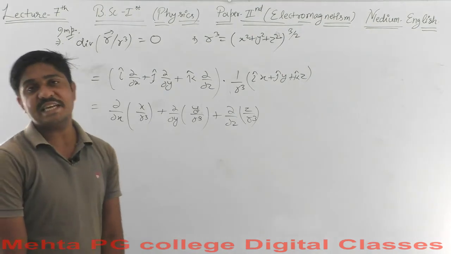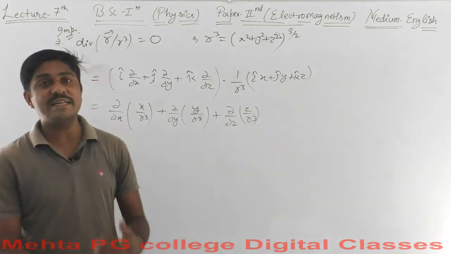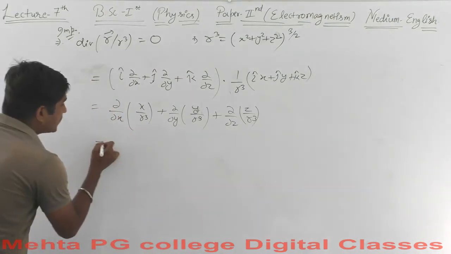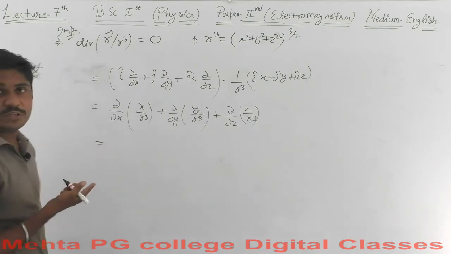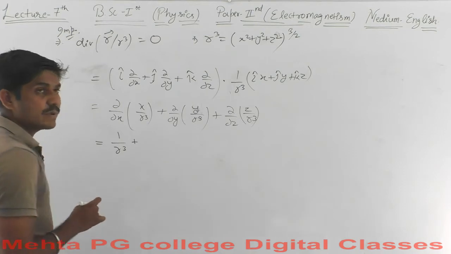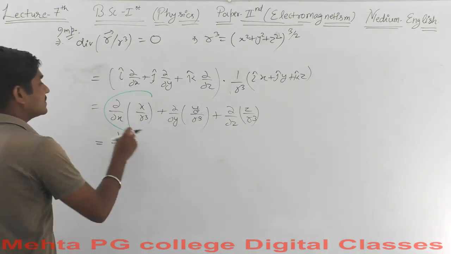The complication is the partial derivative of u upon v, the derivative of one function with respect to another. For this form, for the x first, we have 1 over r cube plus, we are solving for this. First we are solving this.